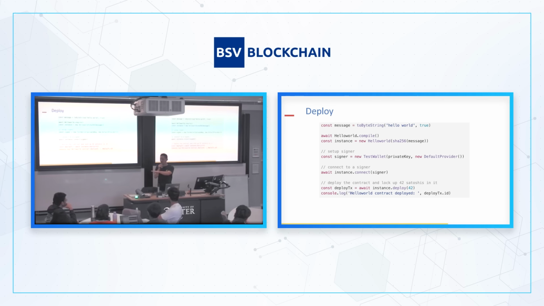Earlier we talked about how to connect to a signer and how to deploy it. Once you deploy it, calling is very simple. You just use instance.methods, and we can have one or more public methods. You use the same name and the same parameters and arguments to call it.